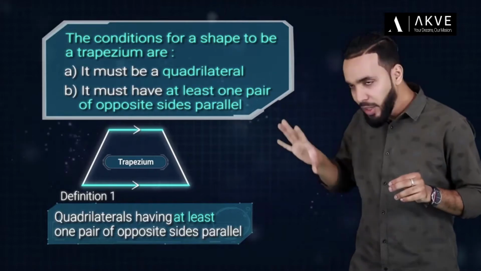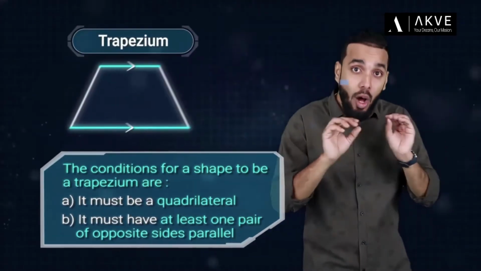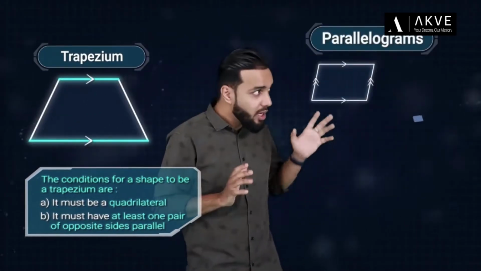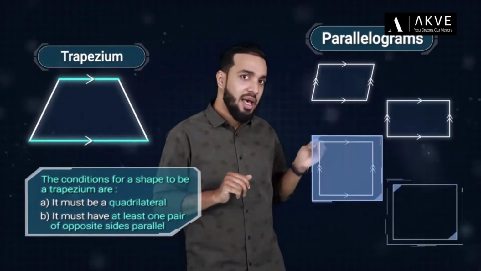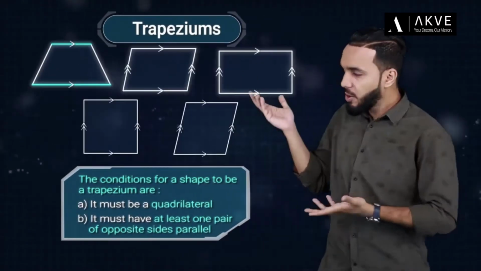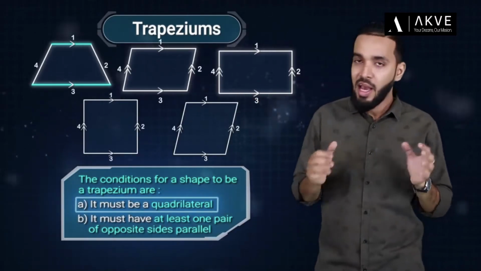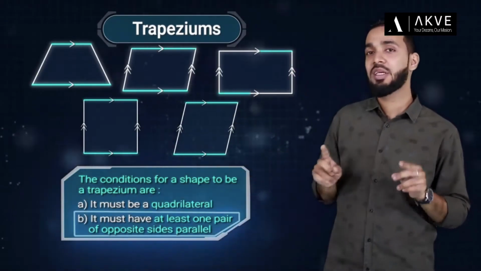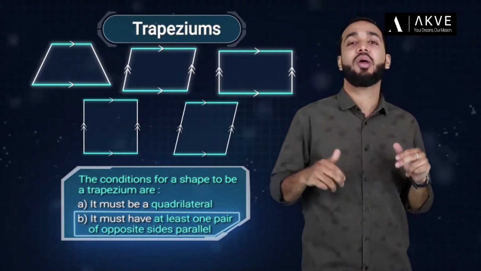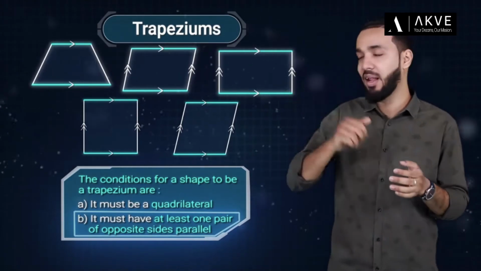So, following these conditions, all parallelograms, including rectangles, squares, and rhombuses, are trapeziums because each of these shapes is a quadrilateral, and in each of these shapes, at least one pair of opposite sides is parallel.